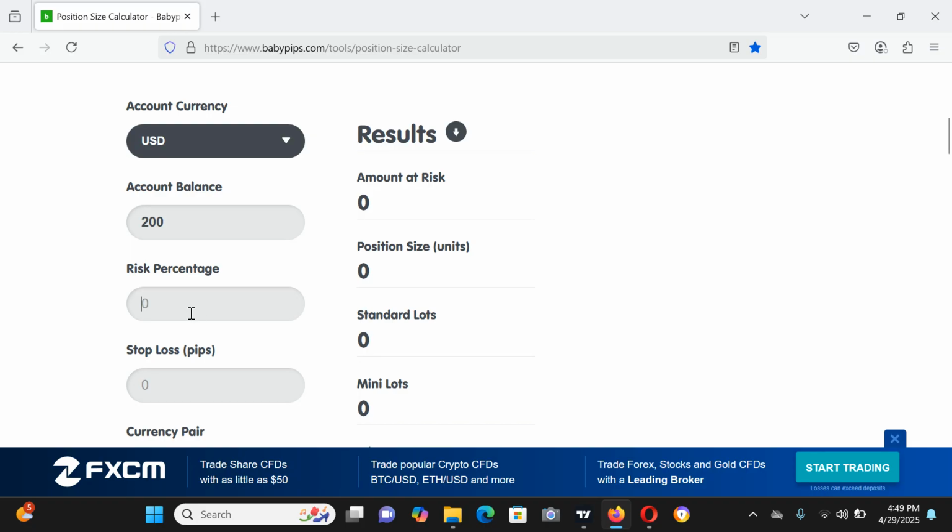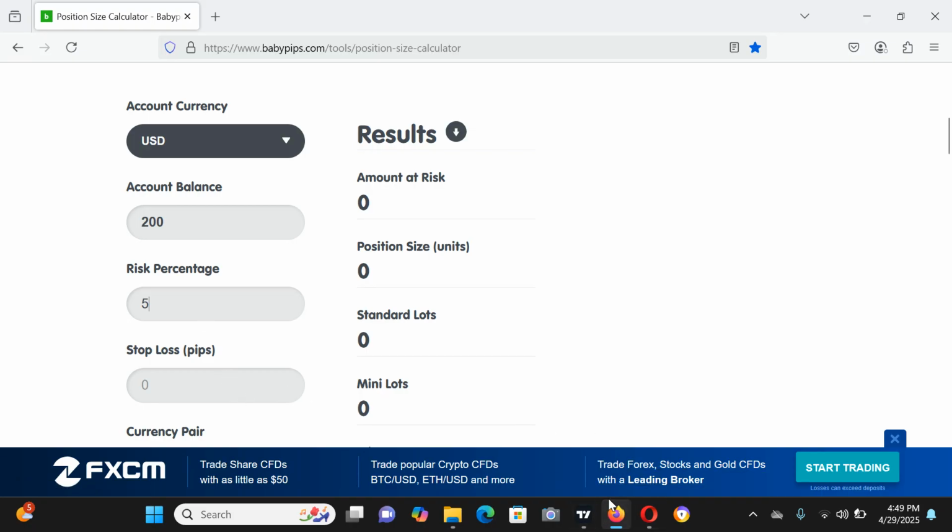So let's imagine we are going to risk 5% of the $200.